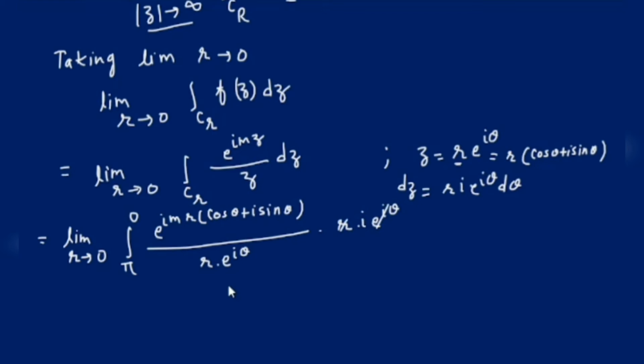Now these values will cancel out each other, and when we apply this limit r tends to 0 here, we get e to the power 0, that means 1.